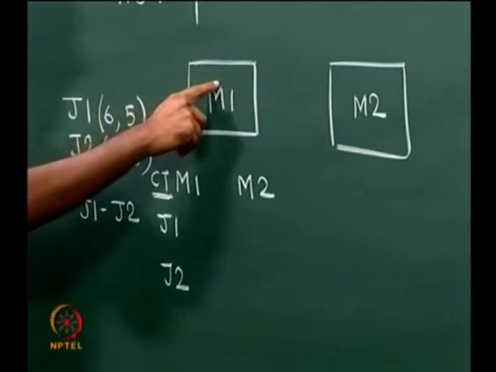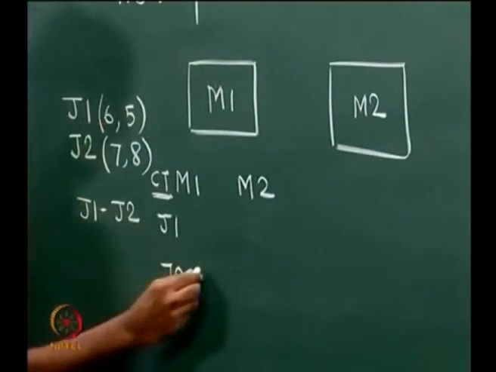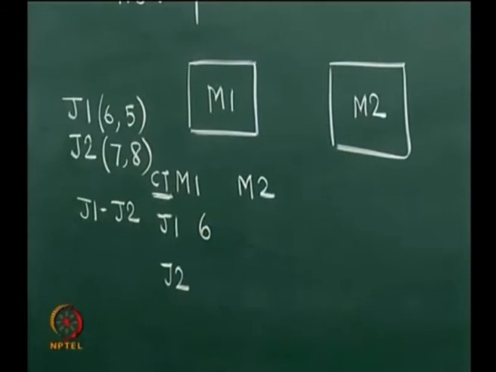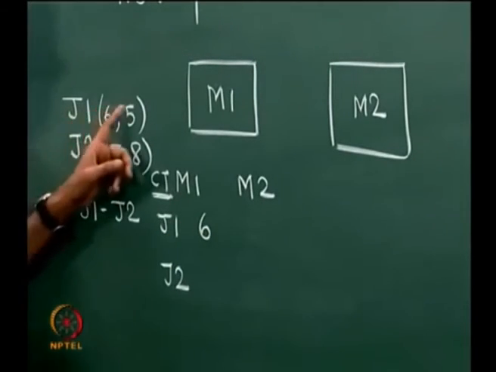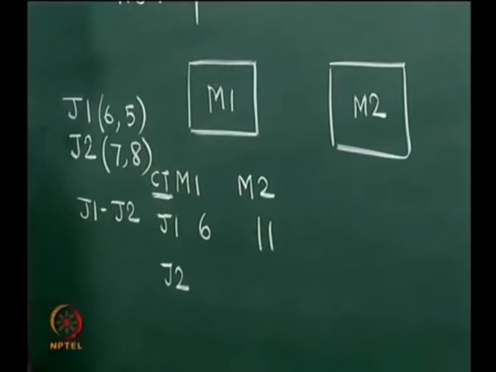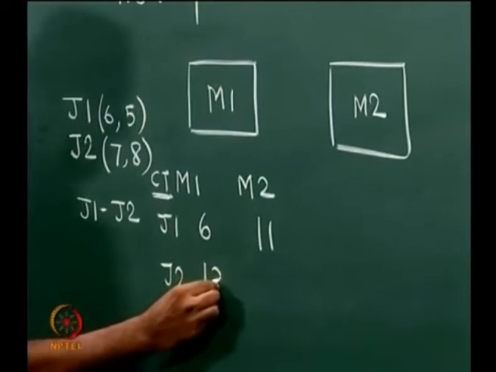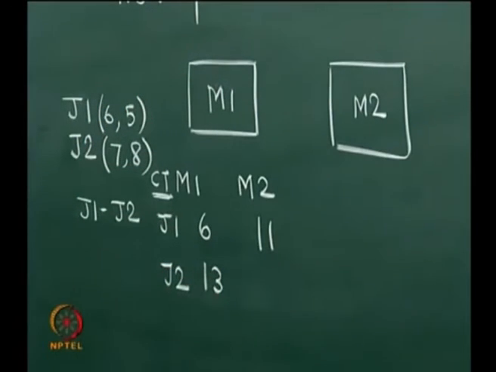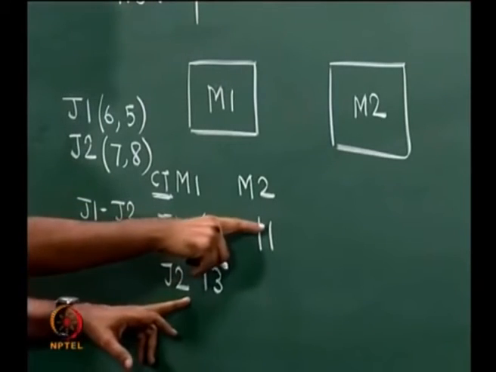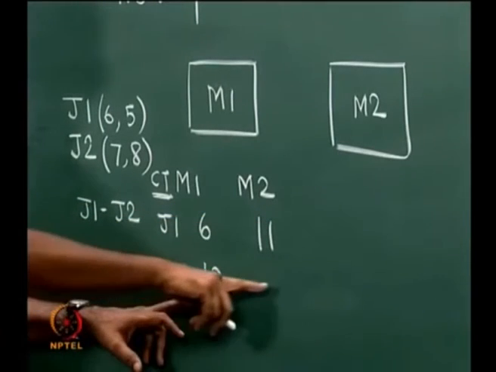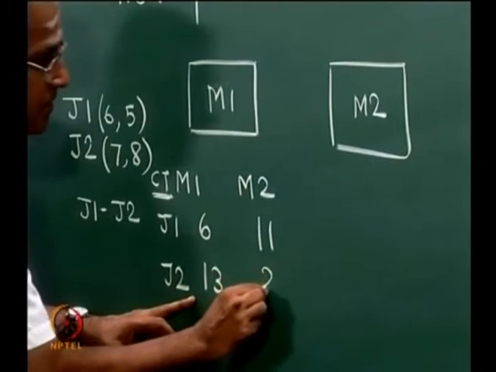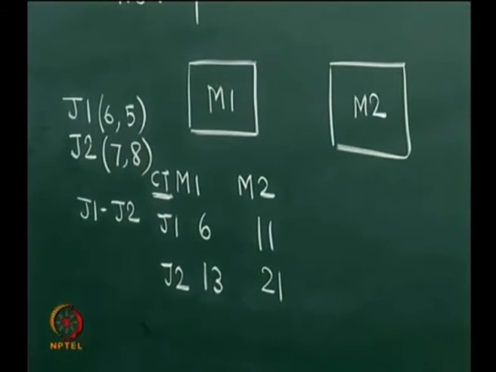J1 first goes to M1 at time equal to 0, finishes at 6, then J1 goes to M2, finishes at 11. J2 enters M1 at time equal to 6, finishes at 13, and M2 is available at 11. So, J2 can take M2 at 13, 13 plus 8, 21. This we are very familiar with.